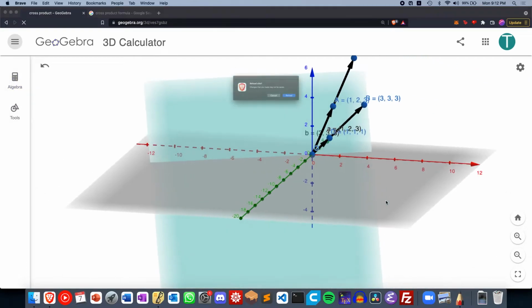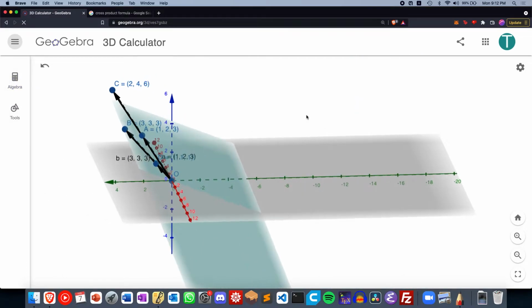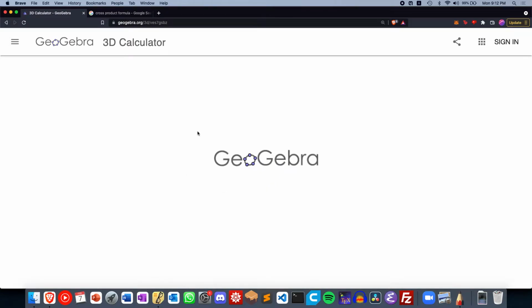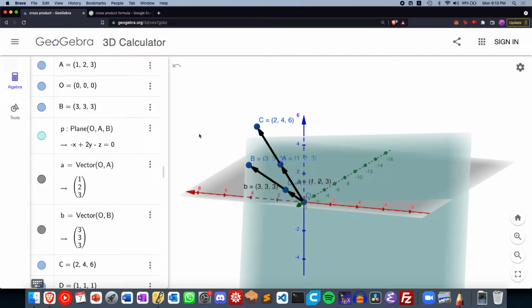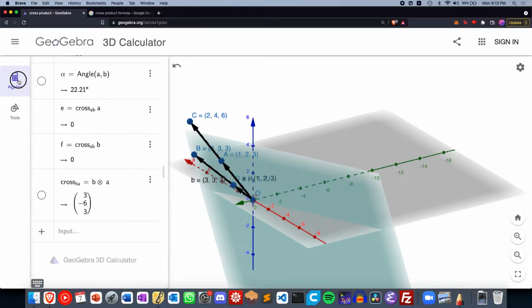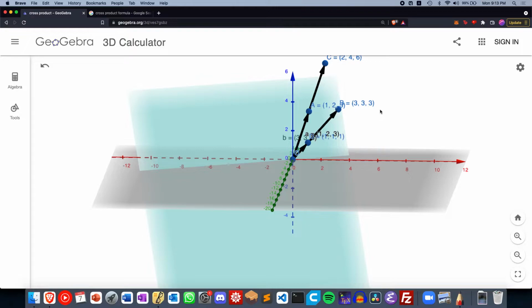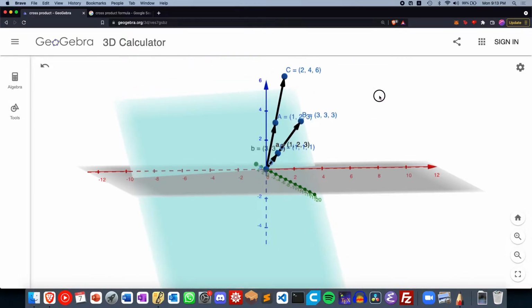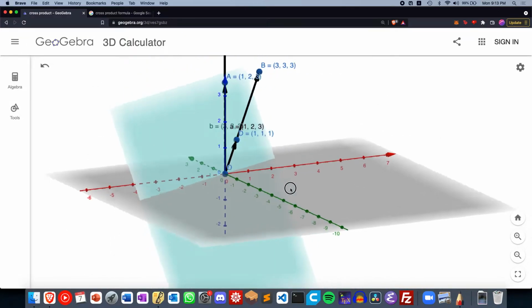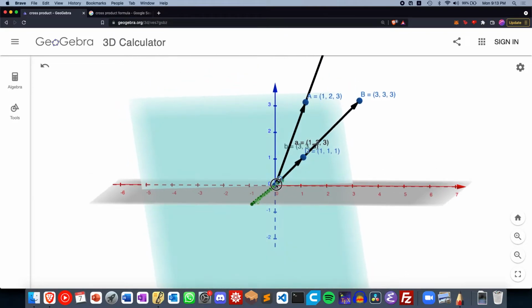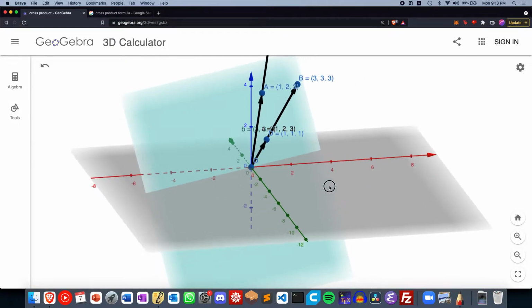I'm not sure why it's off-centered. Let me just reload it. It's a bit wonky, but never mind. So if I have the vectors, it's a little bit difficult to see.